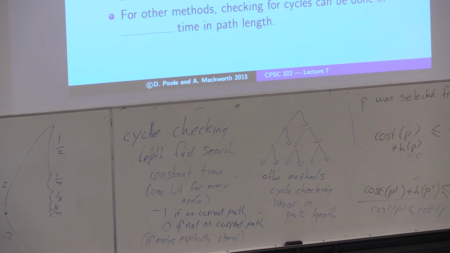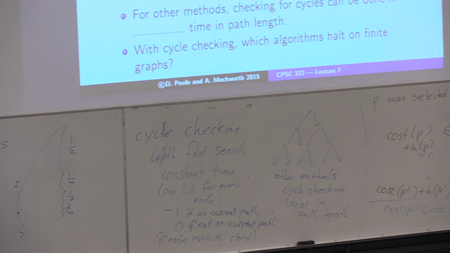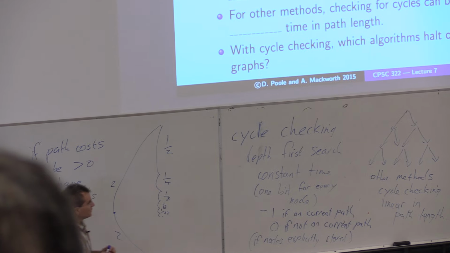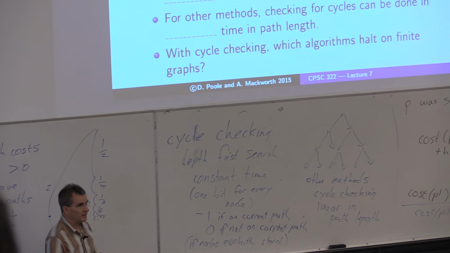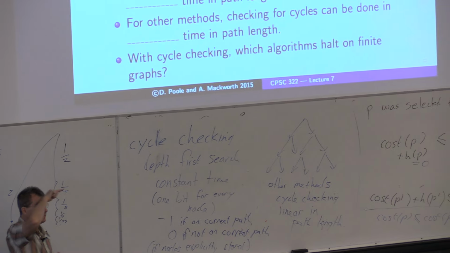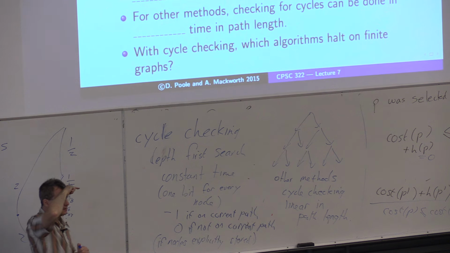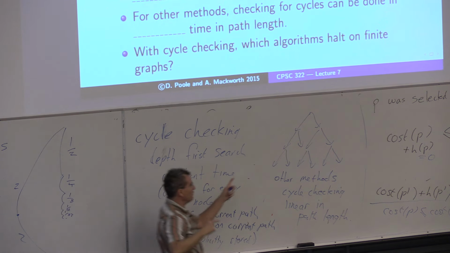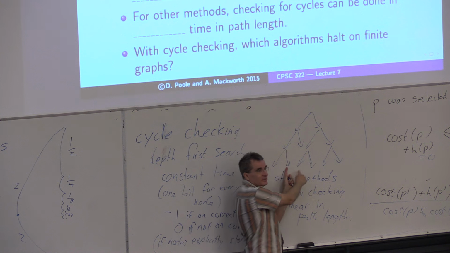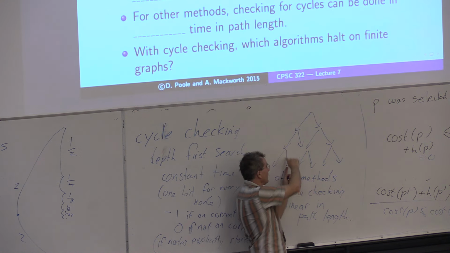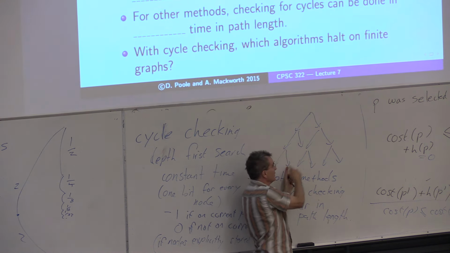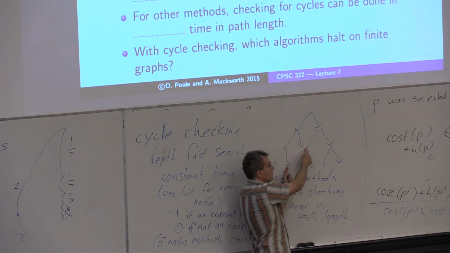Questions? Okay. So with cycle checking, which of the algorithms halt on finite graphs? Oh, sorry. But there are multiple paths. For this path, you want to have a different answer than for that path. If you're selecting this path, you don't want to say yes to this node.